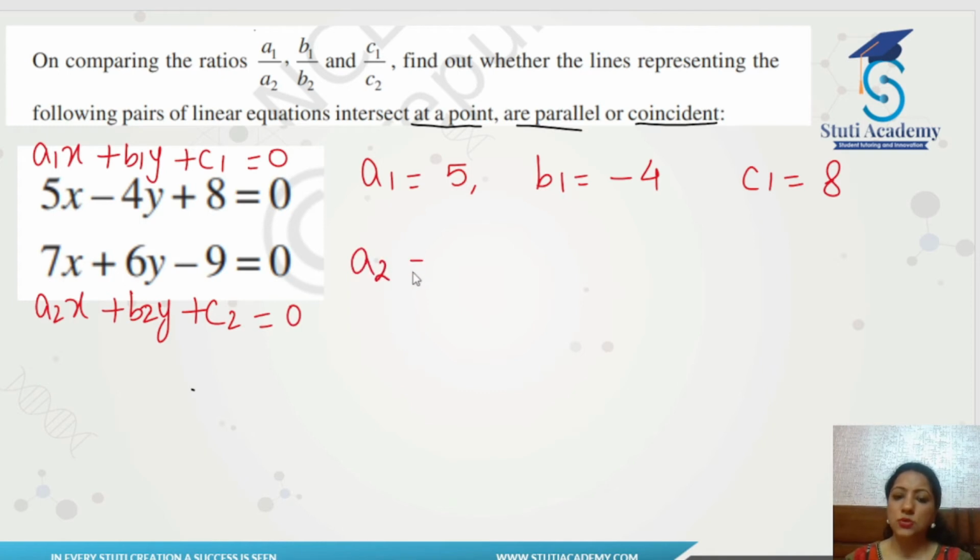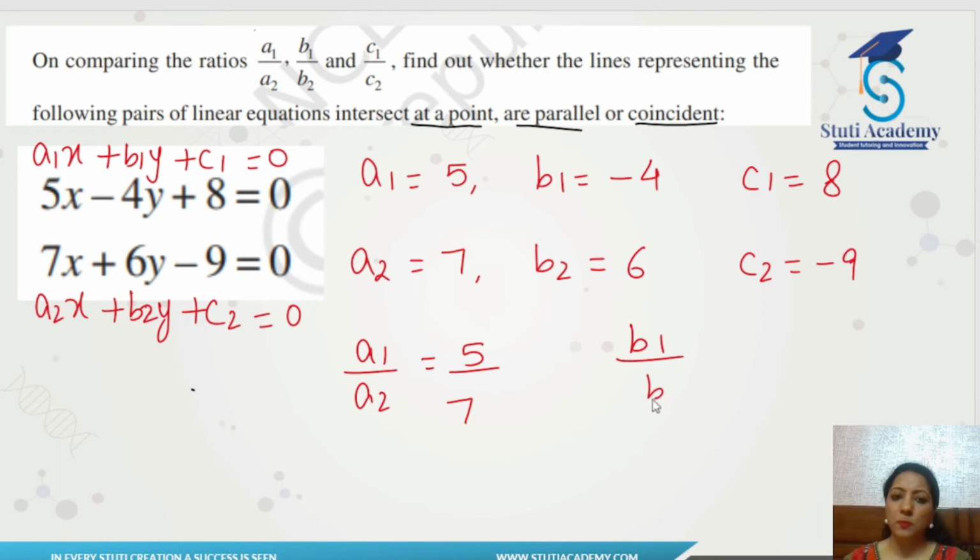So, we will get a2 as 7, b2 as 6 and c2 as minus 9. Now, let's take the ratios. We'll get a1 upon a2 as 5 upon 7. Then we'll get b1 upon b2 as minus 4 upon 6. We can also simplify this and write it as minus 2 by 3.